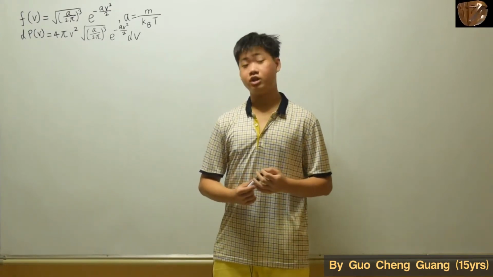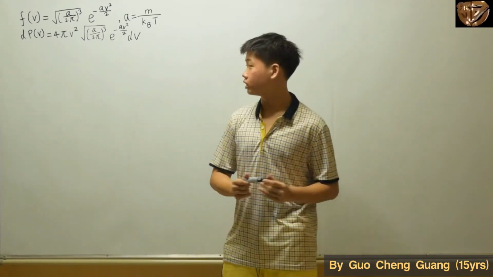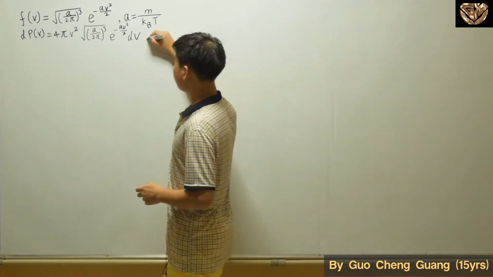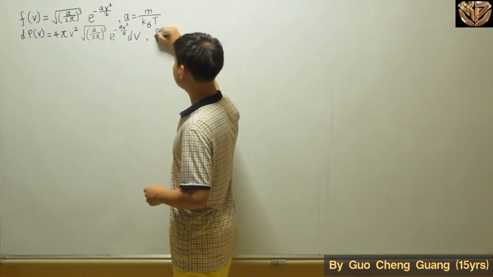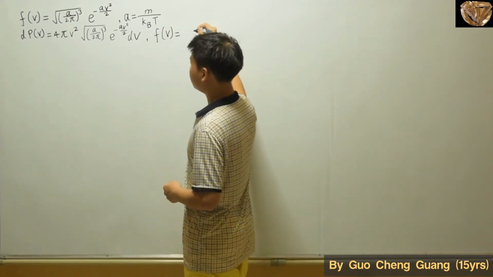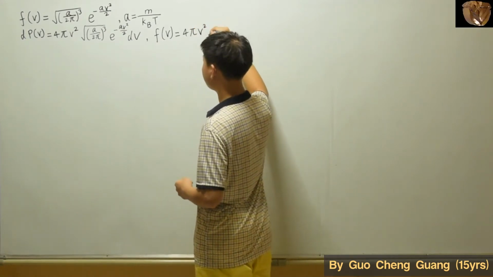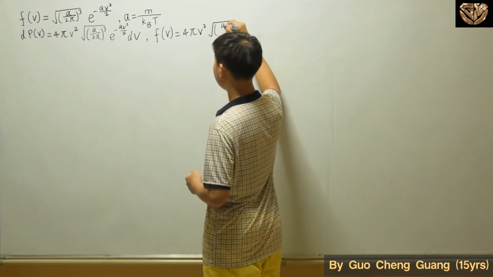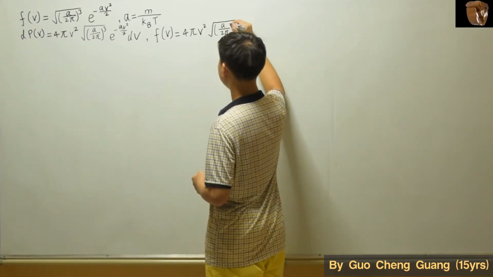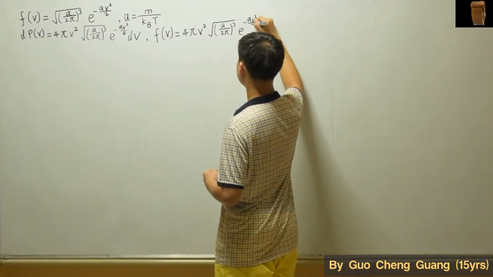How about we change that back into our probability density function, Fv. You can still keep it as 4 pi v squared, square root of a over 2 pi cubed, e to the power negative av squared over 2.